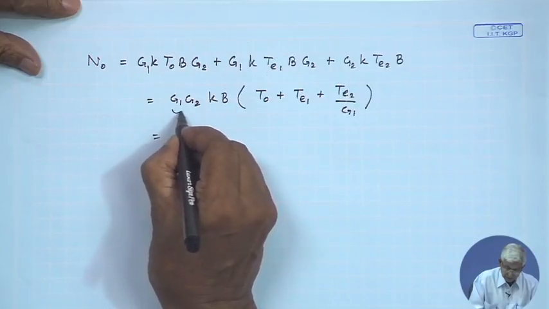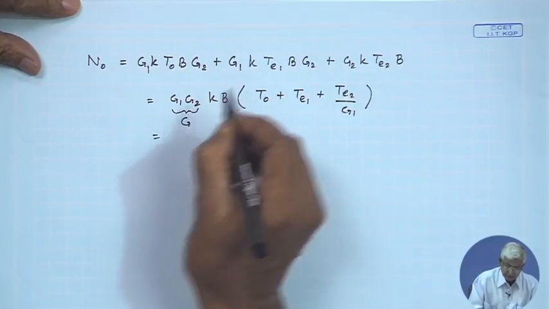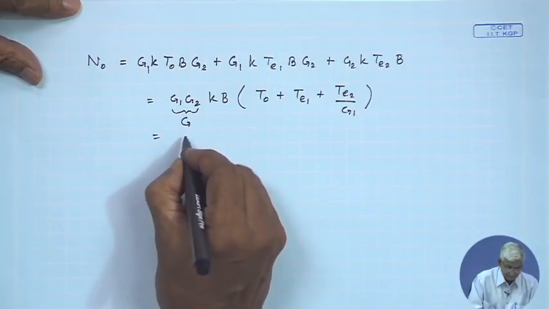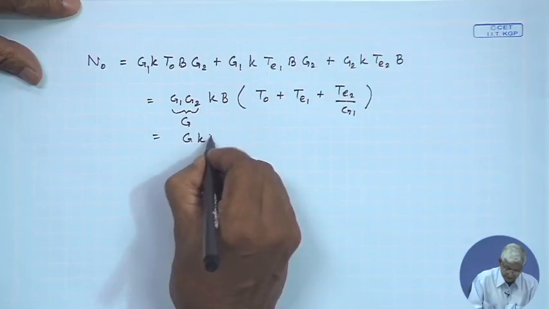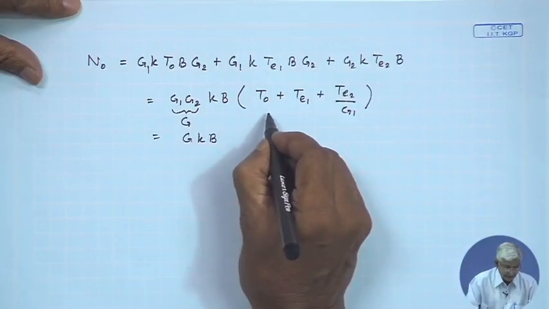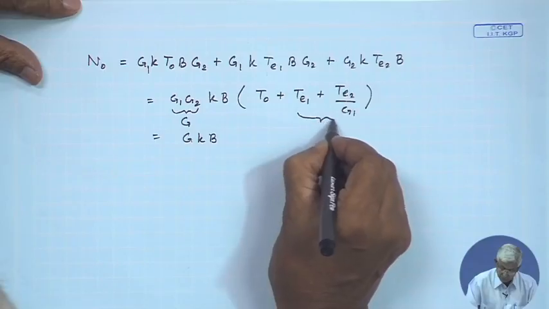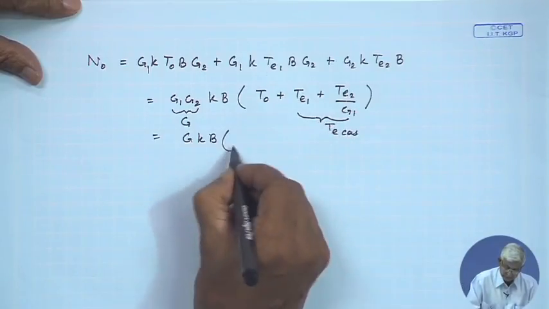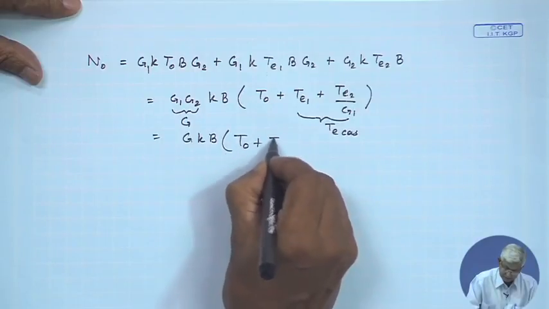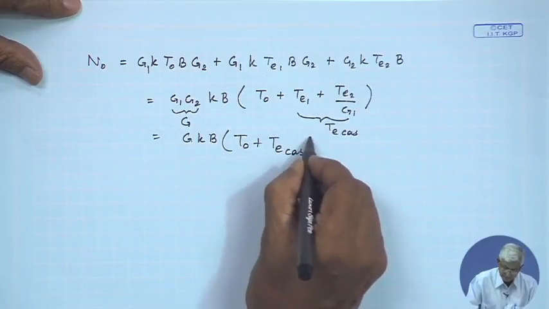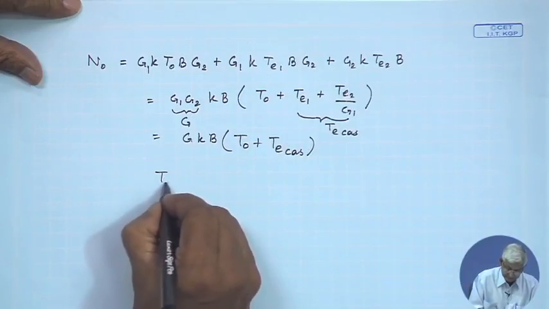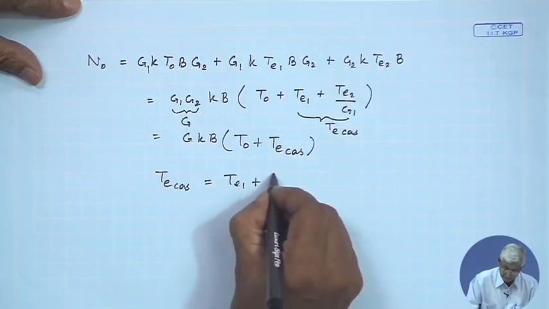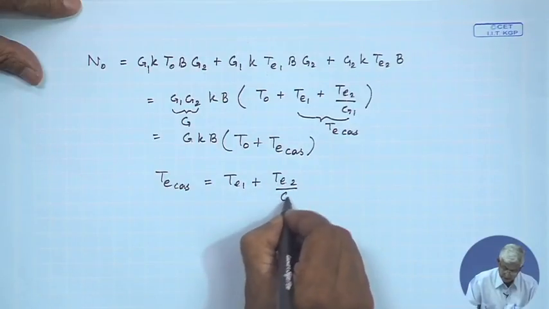Now, this is the equivalence we have said, the total gain G into K into B, and this we can call TE cascaded. So it will be T0 plus TE cascaded. That means TE cascaded is equal to TE1 plus TE2 by G1.